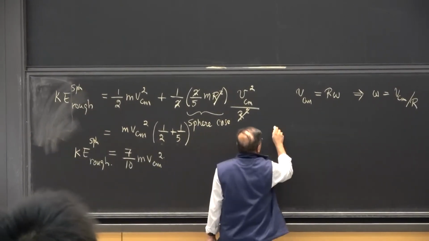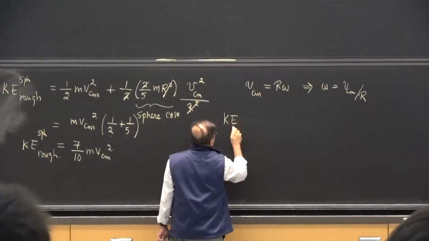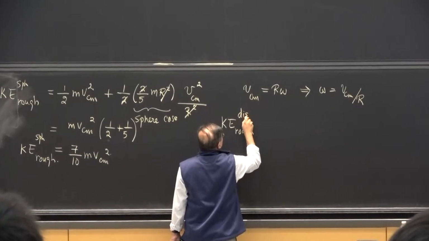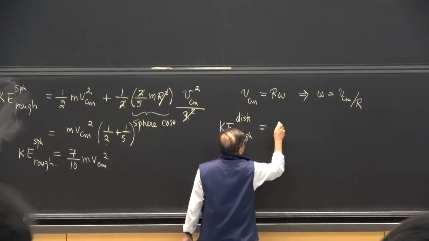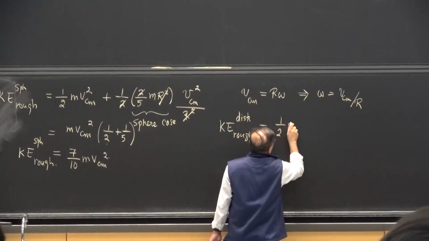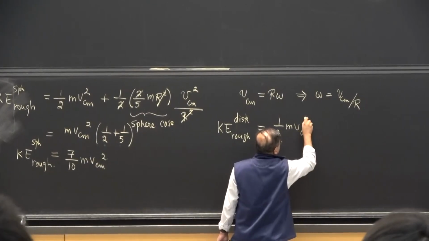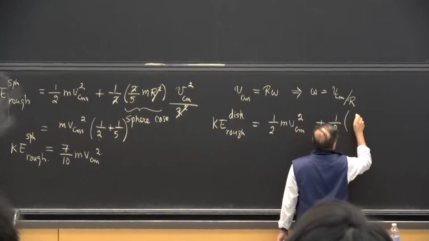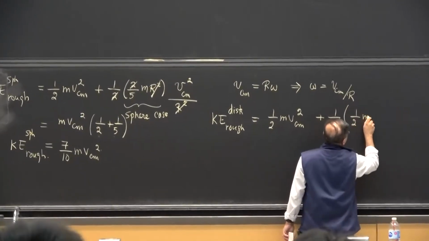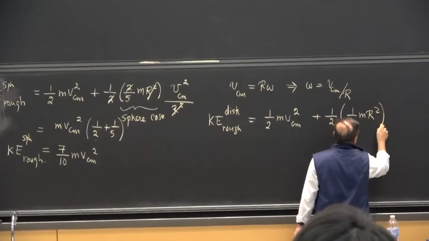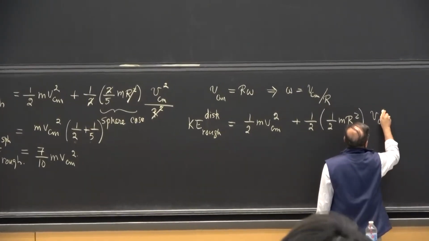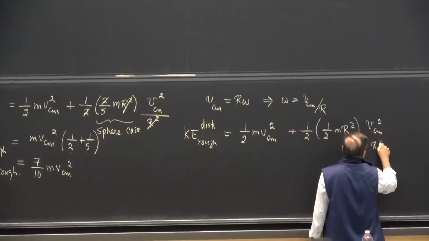So if I do the same calculation for a disk, then this would once again be 1/2 m v center of mass squared, right? Plus 1/2 times the moment of inertia, which is 1/2 m r squared, and once again, if there is no slippage, I have v center of mass squared over r squared.